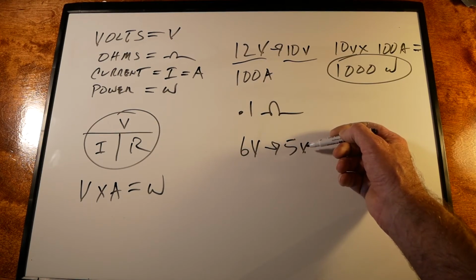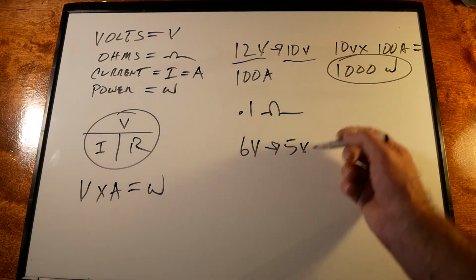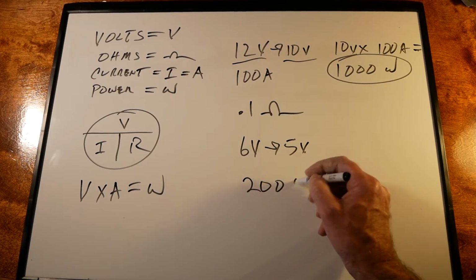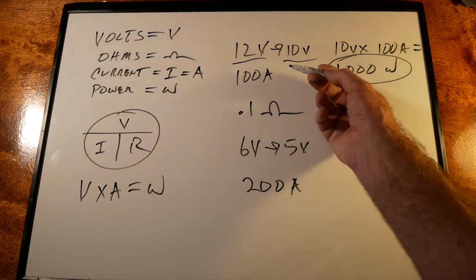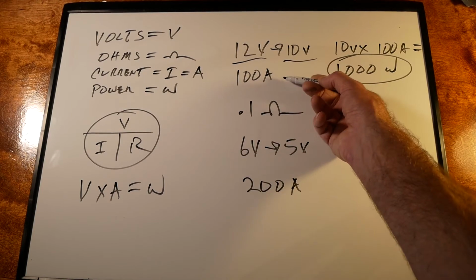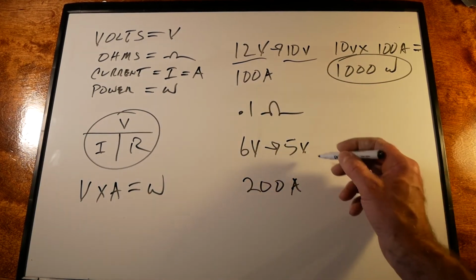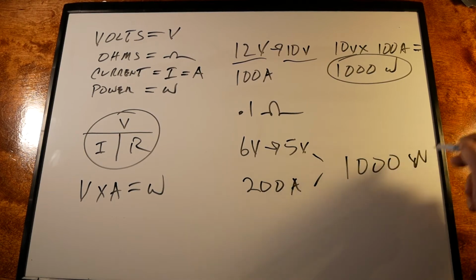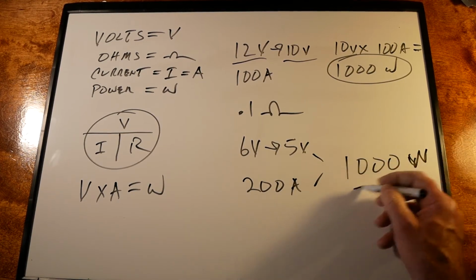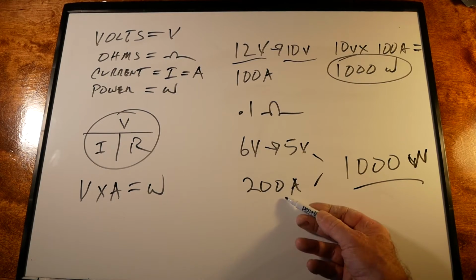This is pretty easy math. Our starter is going to have to pull 200 amps on a 6 volt system in order to spin the engine around at the same speed, same RPM as our 12 volt system starter at 100 amps. So once again, this will equal 1,000 watts. But we need twice as much current to get there.